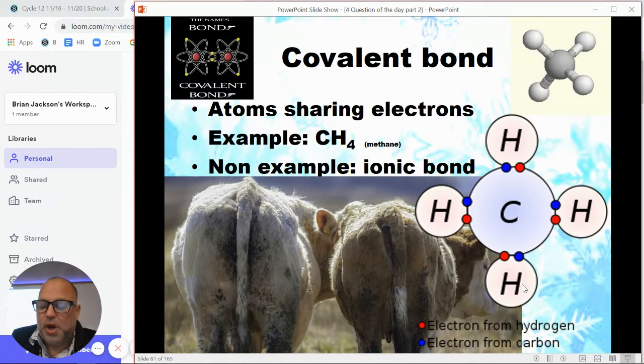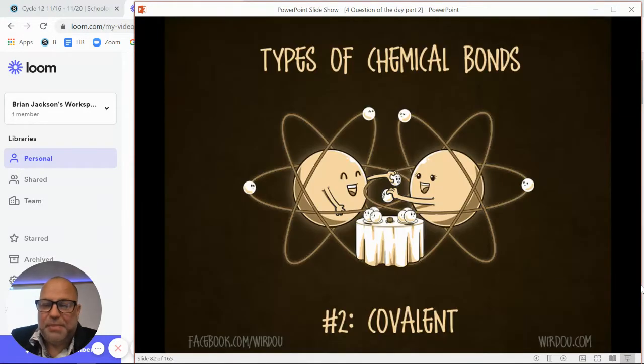Hydrogen only has 1, but they come together and share. What happens with covalent bonding is now the carbon has 8 electrons, so it's very happy. Remember, hydrogen and helium are the only 2 elements that are only looking to get 2 electrons because they're so tiny. The 2 electrons act like the 8 that elements normally want to have. And so each one of these hydrogens is very happy.